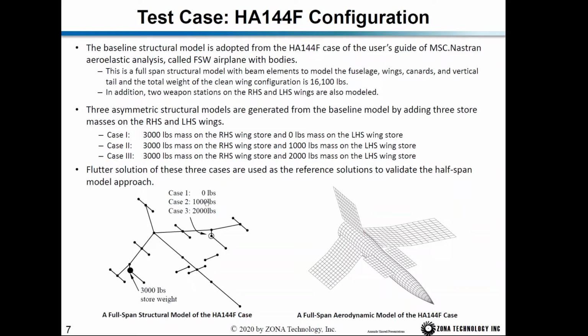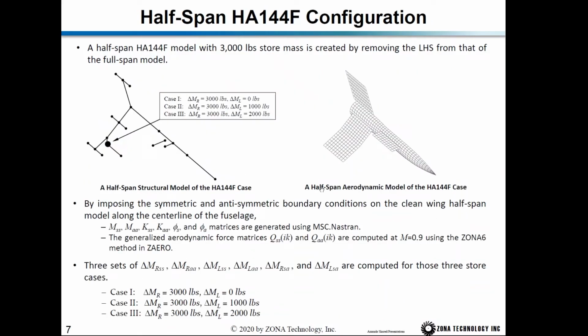One is 0, one is 1,000 pounds, and one is 2,000 pounds. So this is an asymmetric structure model, and we use the full span model to generate three sets of flutter solutions, and we use these flutter solutions as reference solutions to validate the half span model.